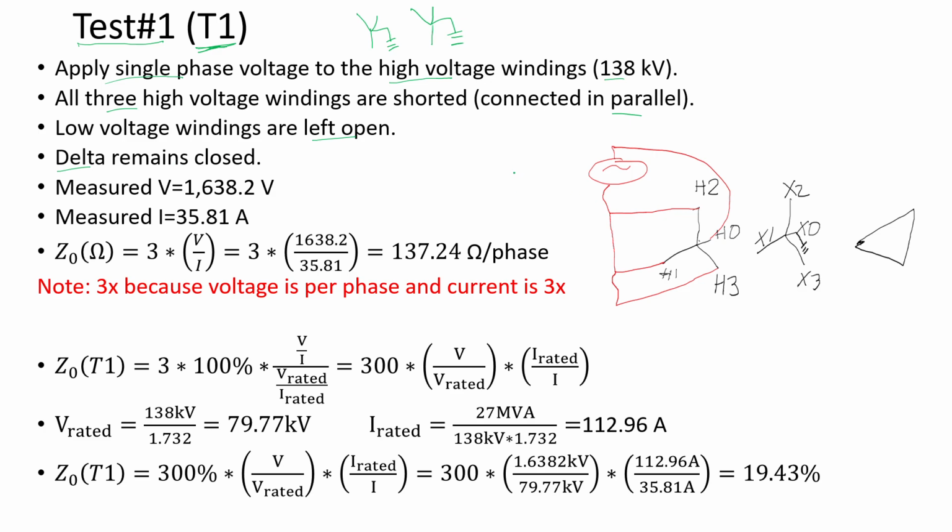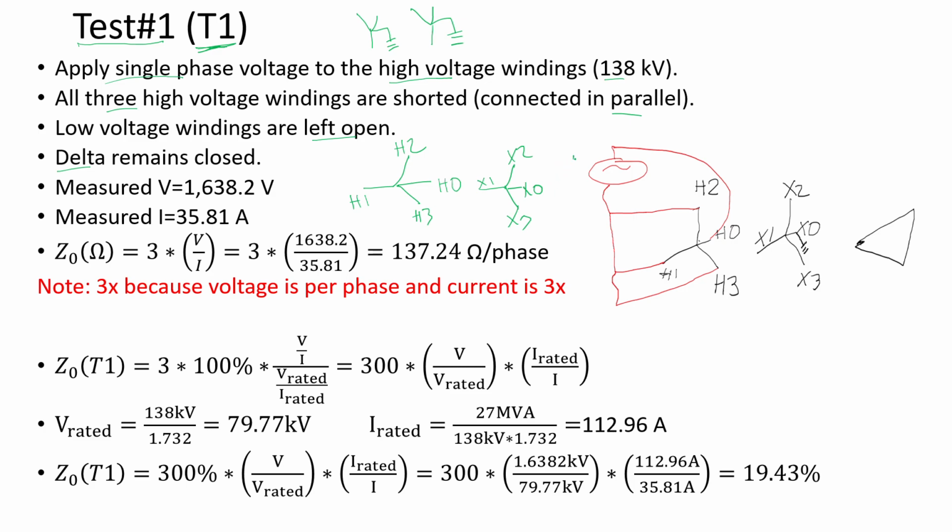So here's what I mean. Basically you have the high voltage terminals, the bushings H1, H2, H3. Then you have the low voltage, the same thing, X1, X2, X3, and you have X0.